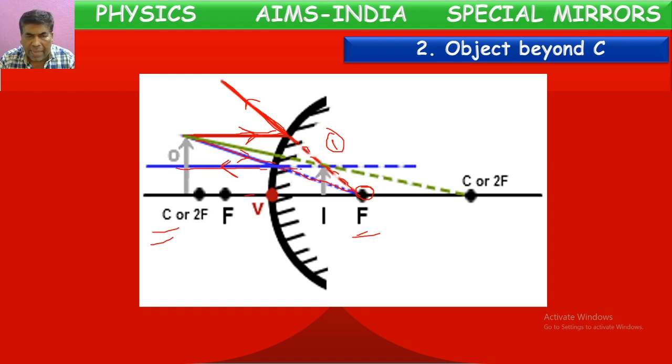If we extend it back, this is the second reflected ray. First reflected ray, second reflected ray. As we are drawing both rays from the point O, the meeting point will be considered as O dash.